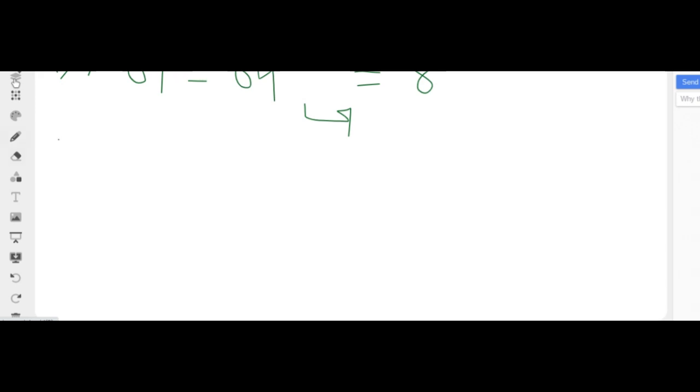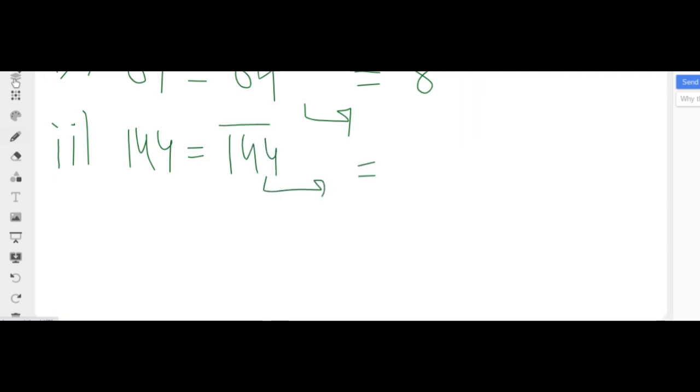So let's do the second part, which is 144. 144 has 3 digits, so the answer will be 2 digits, which is the same two numbers.